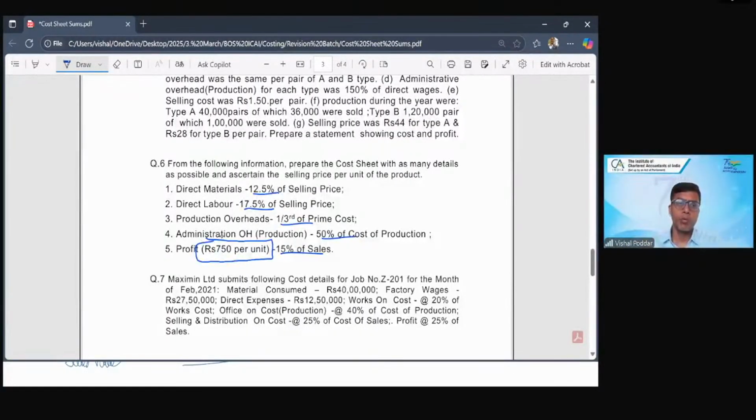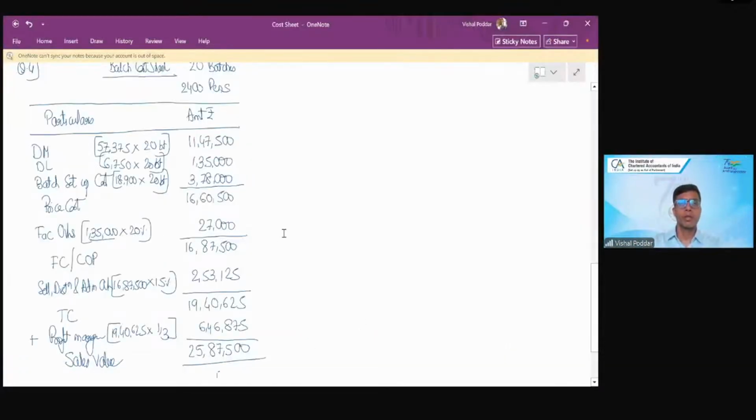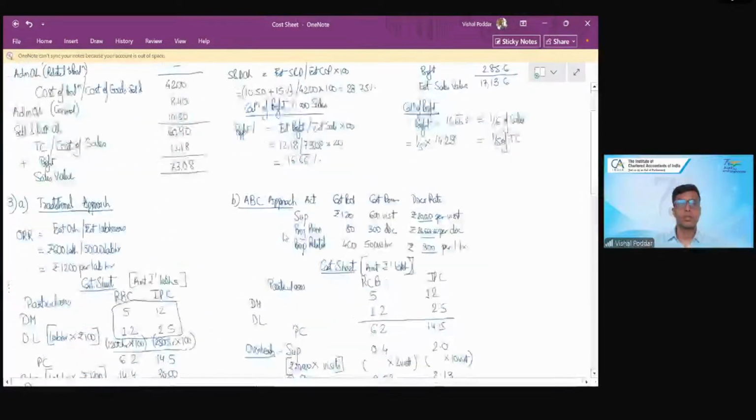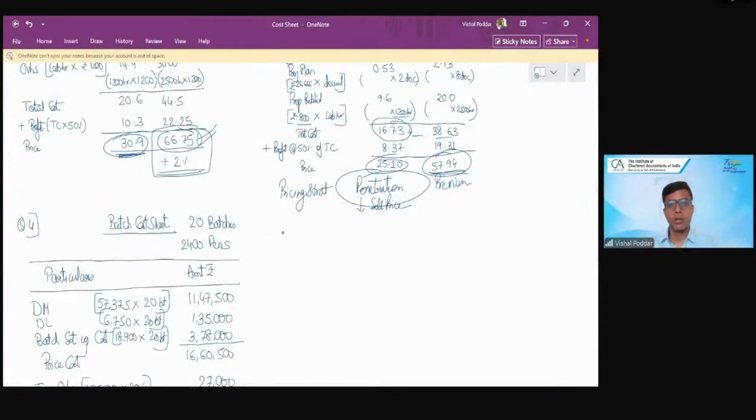But we have one absolute figure, so this absolute figure will become your starting point. But that is not the end. As you proceed, you find there is some other issue also, which we will identify once we start solving. So this is the sixth question, correct? This is a unit cost sheet sum. So now this is again another category, the unit cost sheet.